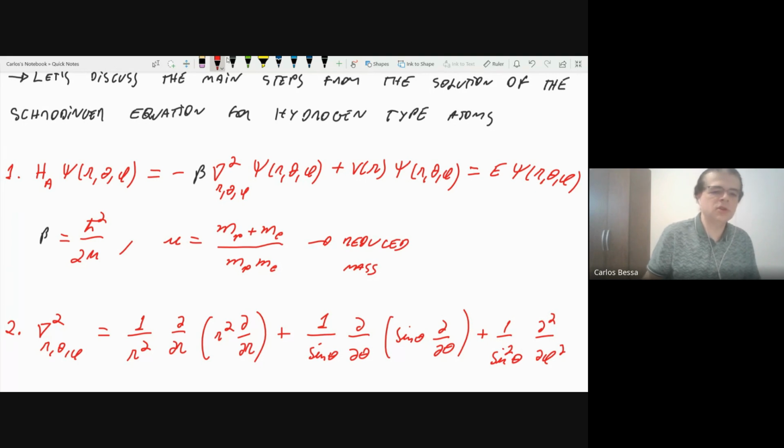Okay, so I will use this Laplacian here in the Schrödinger equation.